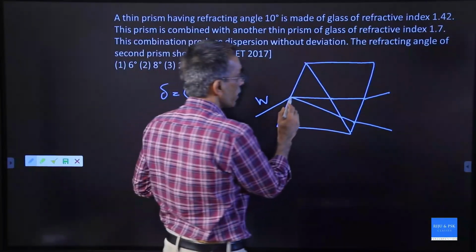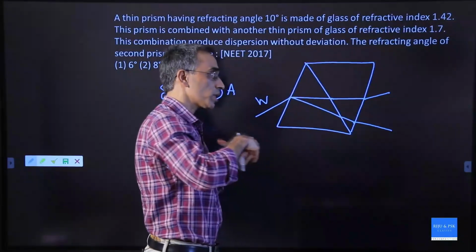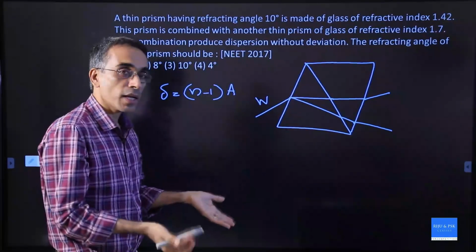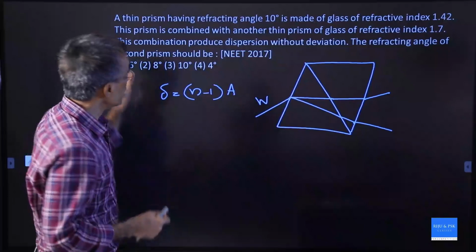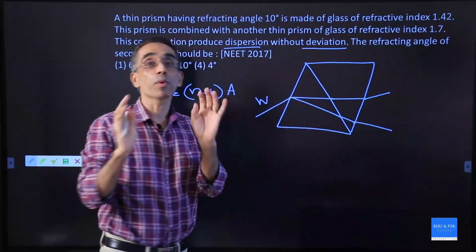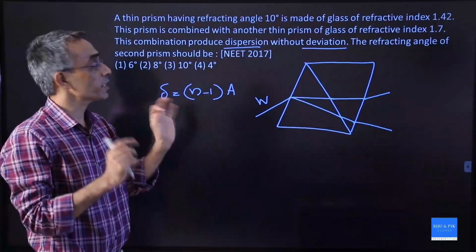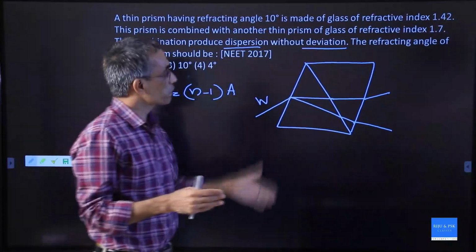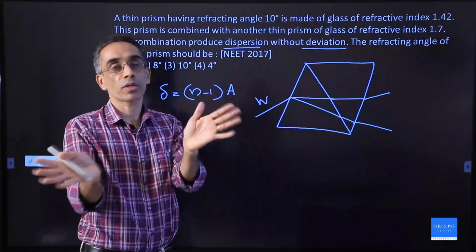So, here light rays are undergoing both the dispersion as well as deviation. In this case, what you want is dispersion but without a deviation, and this is impossible. You can't have dispersion without deviation, because dispersion itself is due to different deviation of light.